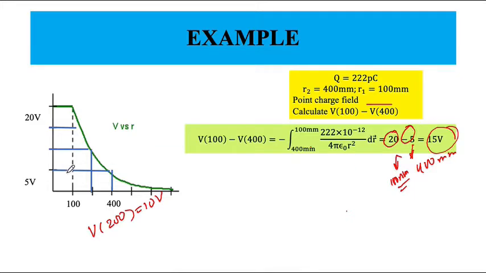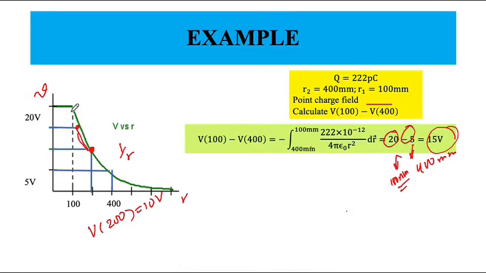Okay, and the potential is actually going as 1 by R. This is R, this is my potential. Well, what will be the average slope if you take two points, one at 200 mm, one at 100 mm? What will be the slope of this curve here?